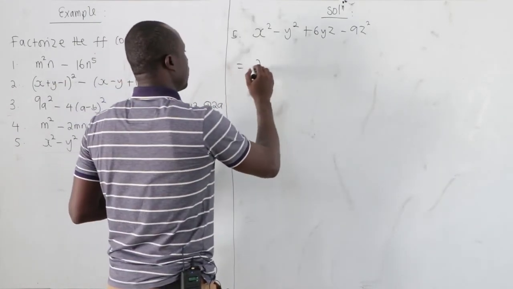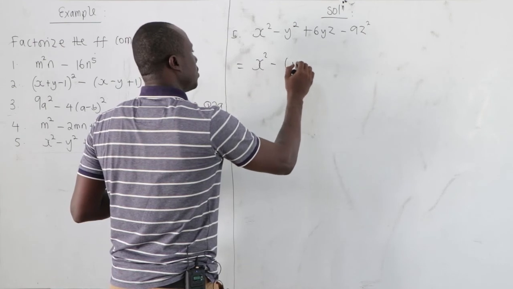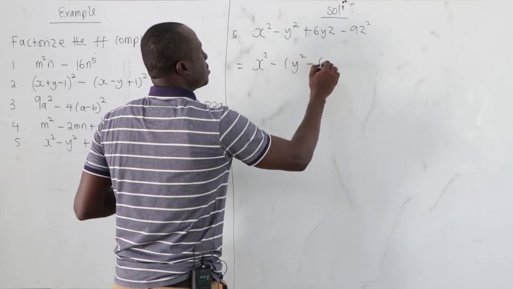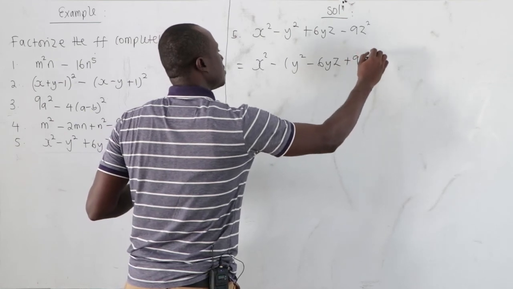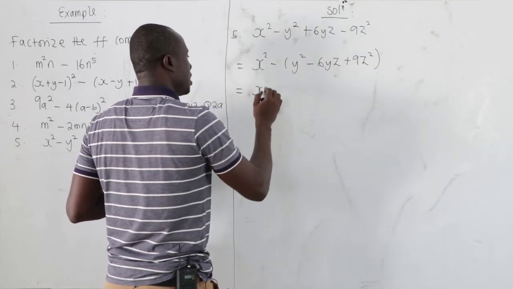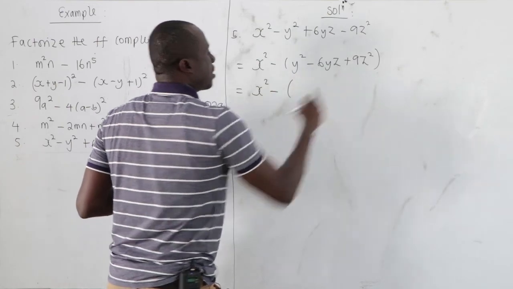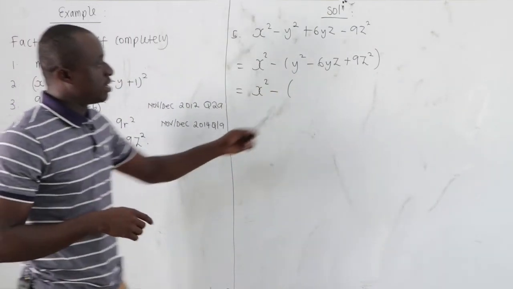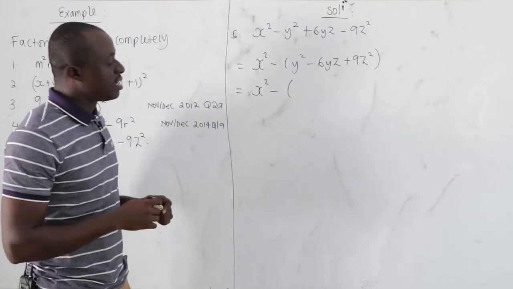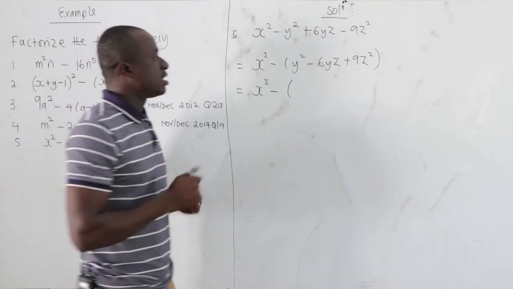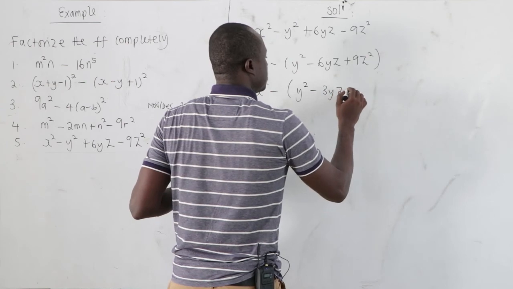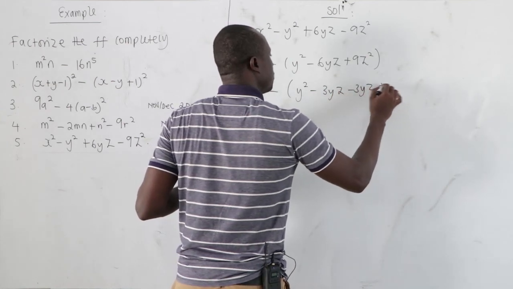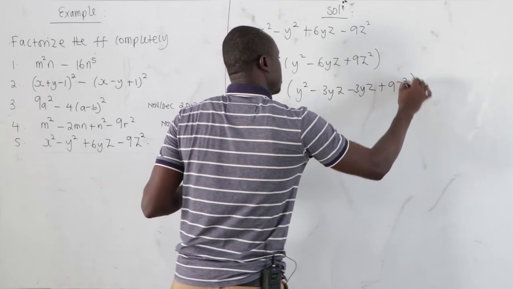Let's bring negative out so that you can get y squared minus 6yz plus 9z squared. So this gives us x squared minus. Now factorizing this, two numbers when you multiply you get 9, when you add that's negative 6, that's negative 3, negative 3. So you have y squared minus 3yz minus 3yz plus 9z squared.